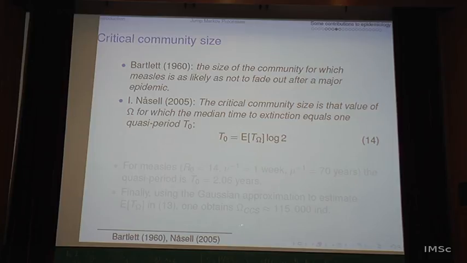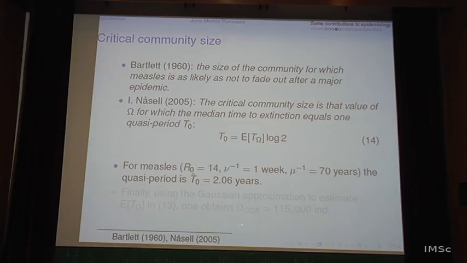The quasi-period is something that you can actually measure with the SIR model. I think probably Seb, you talked about it in the SIR model. Given the parameters of measles, so R0 around 14, for instance, an average infectious period of 1 week and 70 years of duration of life, you have a quasi-period of around 2 years, so an epidemic every 2 years on average.